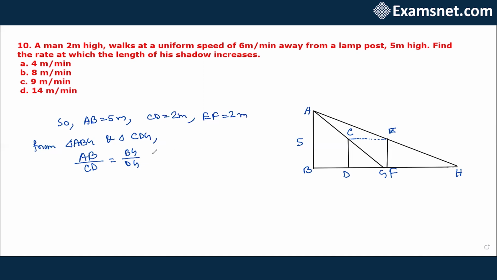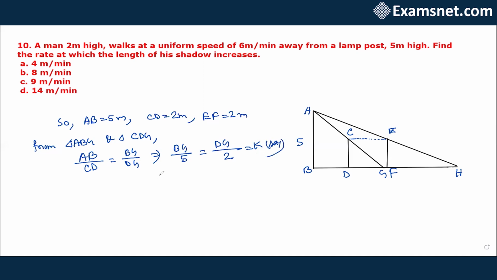So from here we can write the value for AB, which is 5, so 5 by 2 equals BG by DG. And let's equate this ratio with K, where K is the ratio constant.